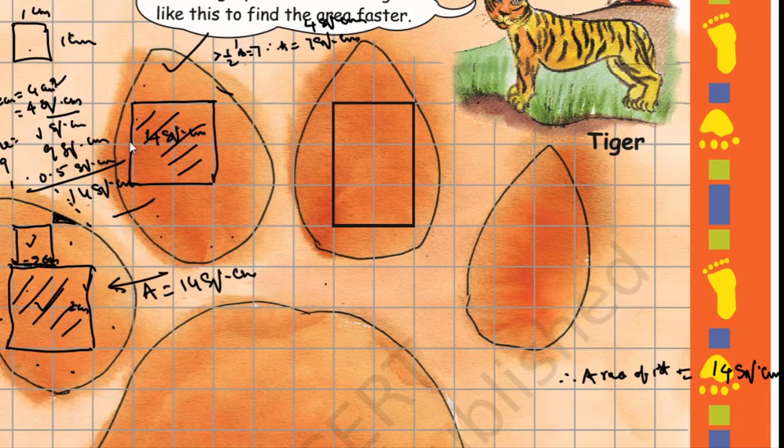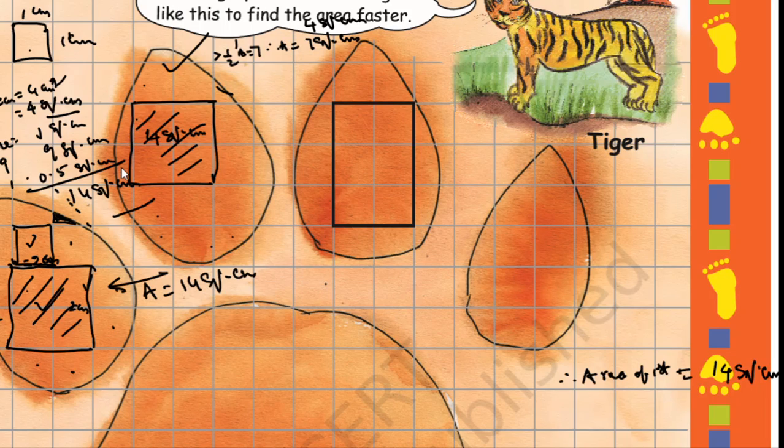Now you count nearly halves. Is there any half? This is not nearly half. No such halves are there. So this is less than half. Omit it. This is also less than half. Omit it.